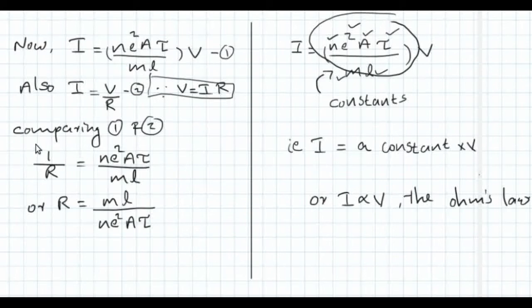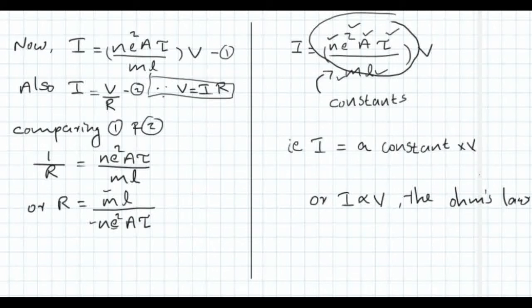That is why you are getting 1 by R is equal to N E square A tau divided by ML. Therefore, what is R? R is equal to ML divided by N E square A tau.